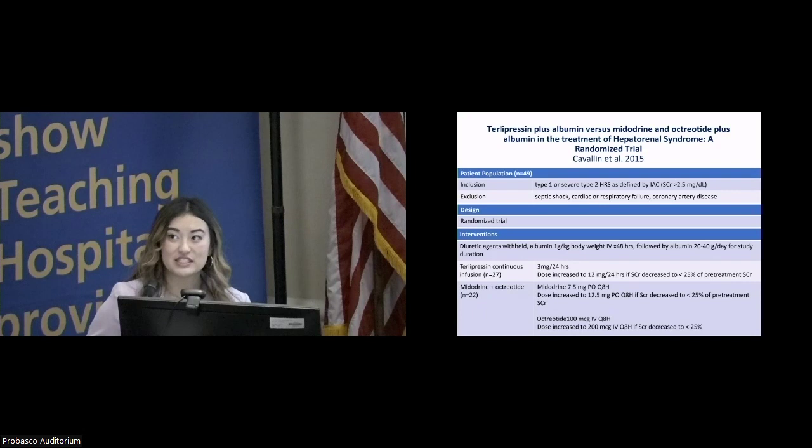This next study just demonstrates the difference that midodrine and octreotide could have in comparison to terlipressin. This again was looking at type 1 or type 2 HRS and excluded patients with septic shock.